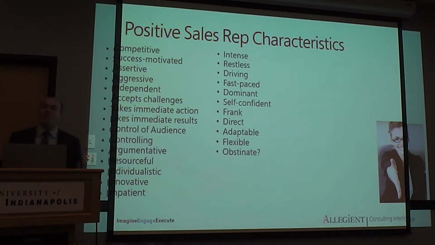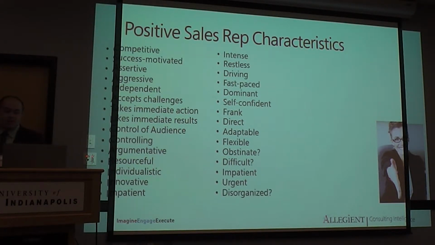But in their underlying personality, there should be a sense of obstinacy because their goal is to move mountains, to not take no for an answer, to find another way to satisfy that customer. So that could make them be perceived as difficult, certainly impatient, sense of urgency.